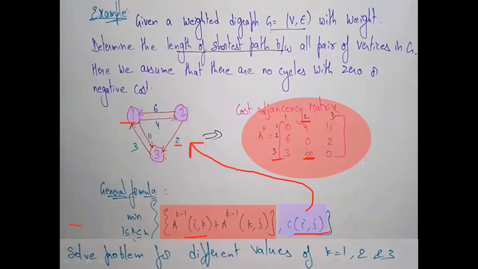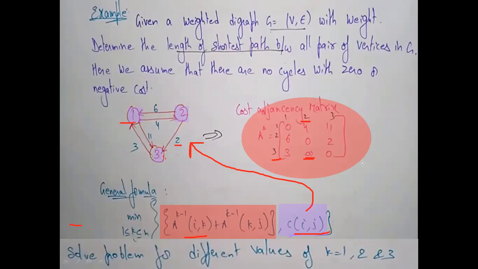I request all the students, please understand this problem. You have to work out and solve the problems and find the cost of the different matrices, the shortest path from all the vertices to all the other vertices.